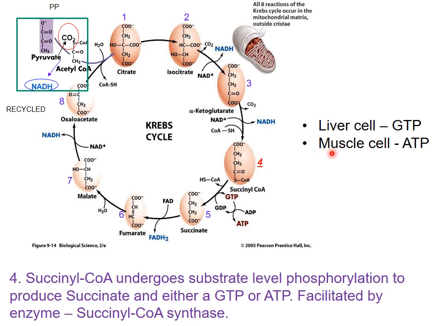So if it is a muscle cell within, let's say, a human body, ATP would be produced. But in a liver cell, GTP would be the product. And what I would like you to do is to go and find out why GTP is produced in the liver cells and not in muscle cells.